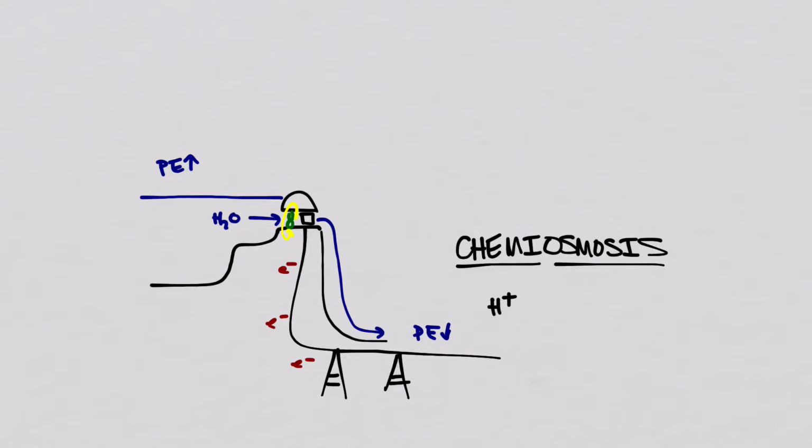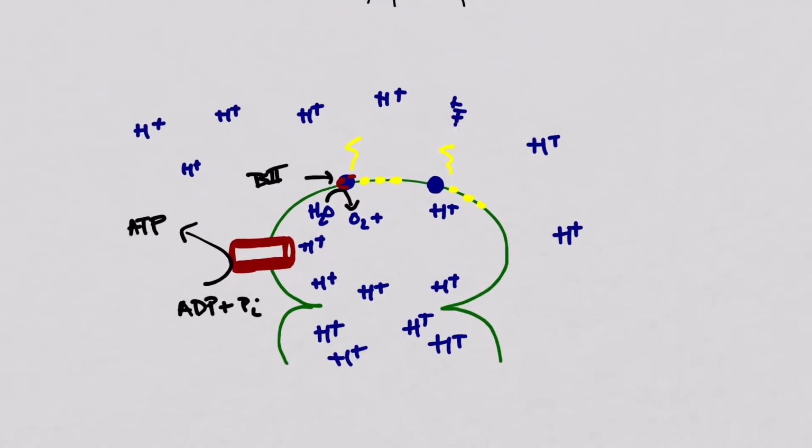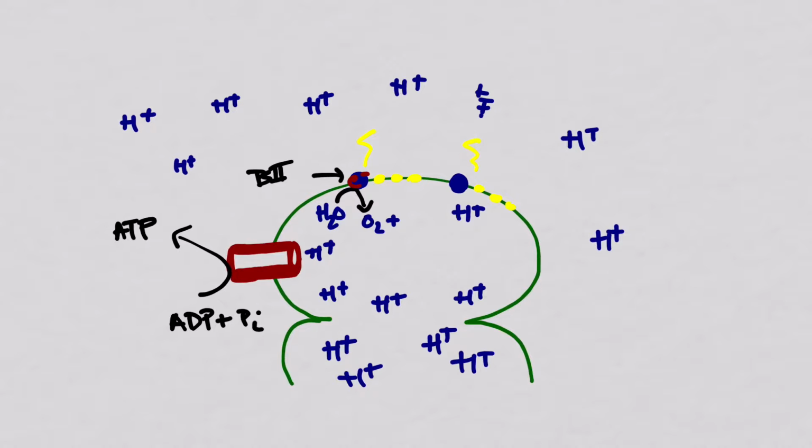So in order to keep the concentration gradient of hydrogen high inside the thylakoid stack, this photosystem excites an electron and passes it down the electron transport system, and this electron transport system pumps hydrogen against its concentration gradient into the thylakoid.